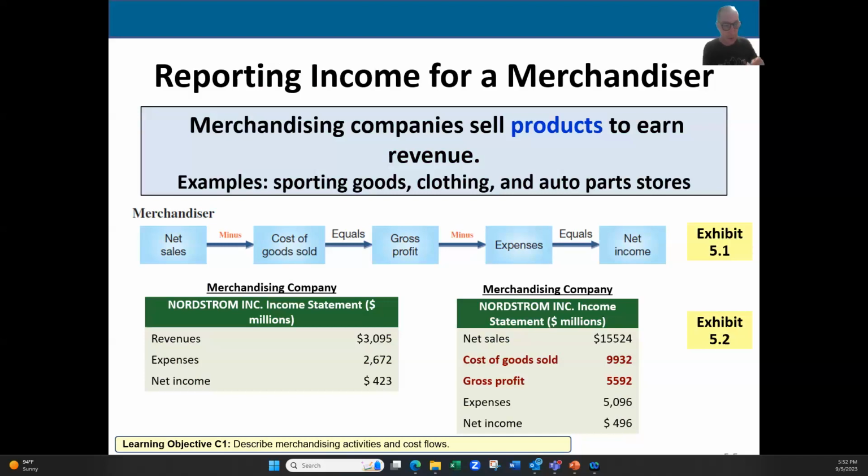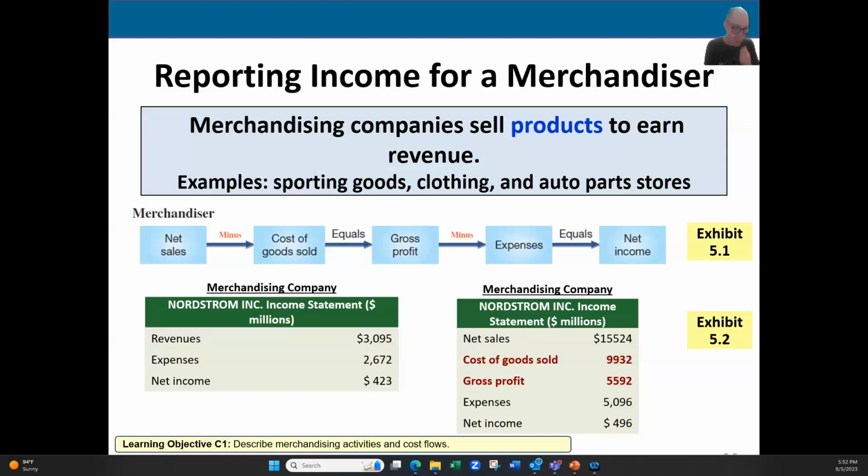Net sales is your merchandise sales minus any discounts, minus any returns. So merchandise sales minus any discounts or returns equals net sales. That's where the word net sales comes from.